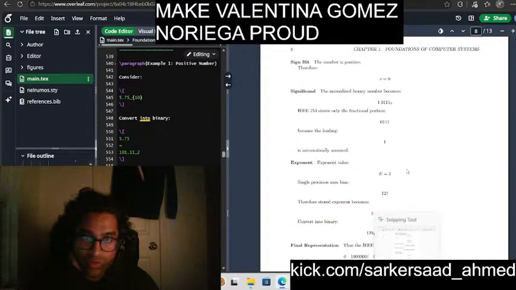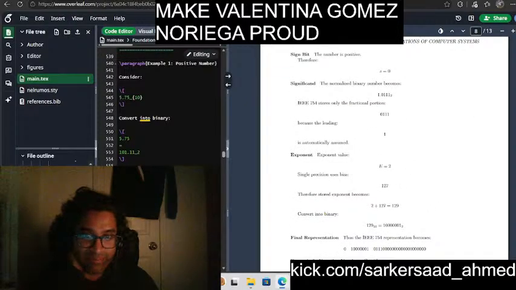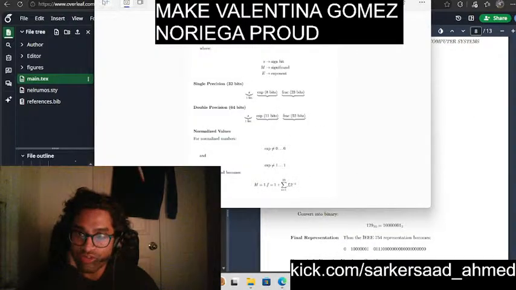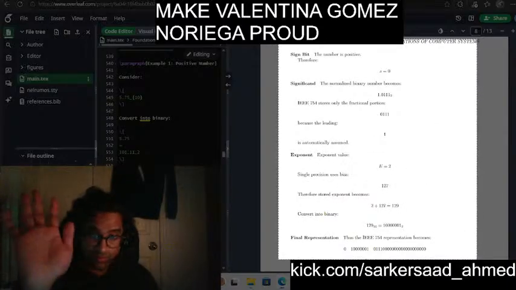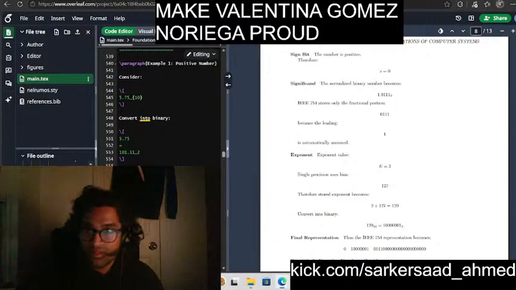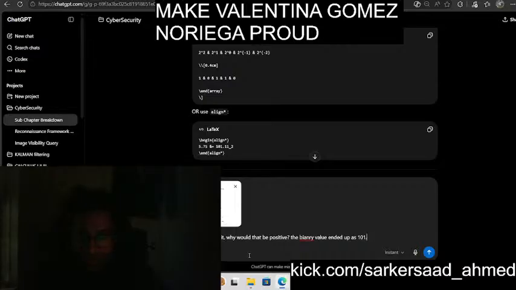Why would 101.11, the binary part, be positive? Let's focus on the sign bit. So the binary value ended up as 101.11. But why positive?